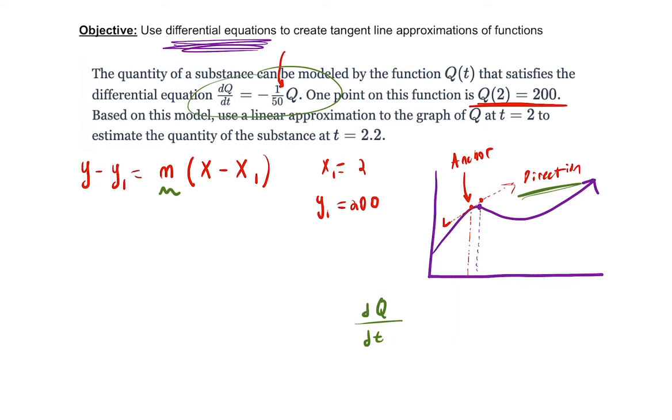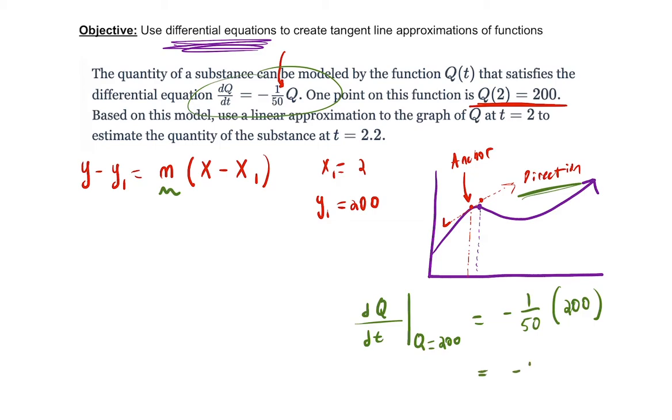dq dt, and there's a little notation here. You're going to write kind of like a line, and then I'm going to say at q equals 200. We know dq dt is negative 1/50th q, right? And so I'm going to say this at q equals 200 equals negative 1/50 times 200, right? So you just have to really notice here, sometimes the derivative will depend on x, sometimes on y.